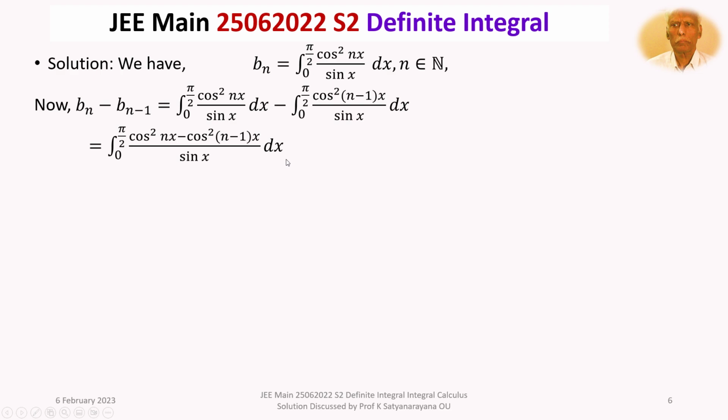Now, we do not have a formula for cos square a minus cos square b, but we have a formula for sin square a minus sin square b.